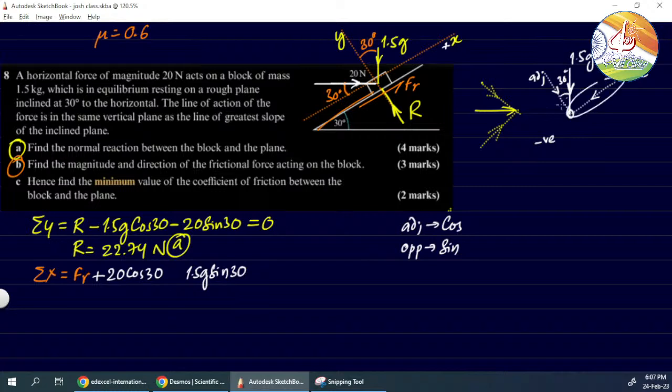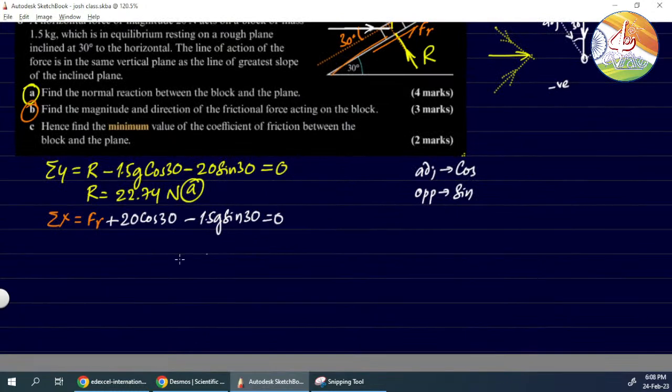Negative. So it's taking very long for you to answer. A little bit of speed will be helpful. The connection cut for a little bit. Okay, it's a connection problem, then it's okay. Then have we taken all the forces? Yes. So here Fr is the only unknown. Find it.